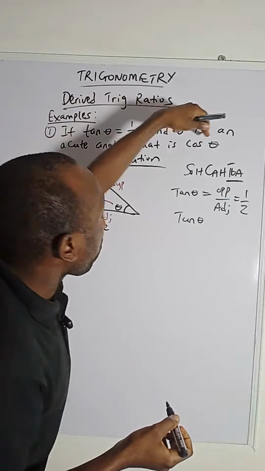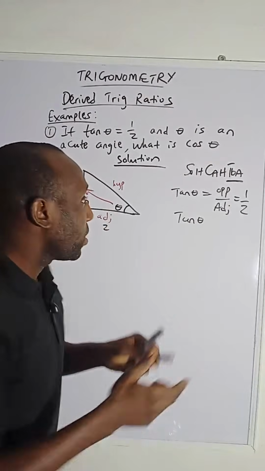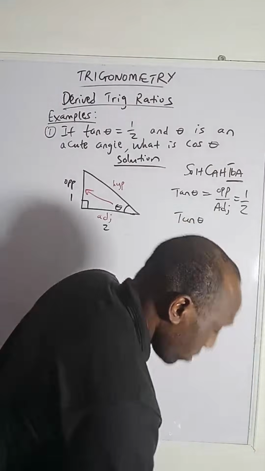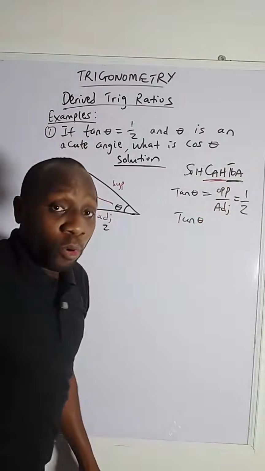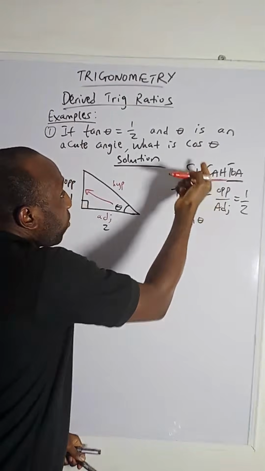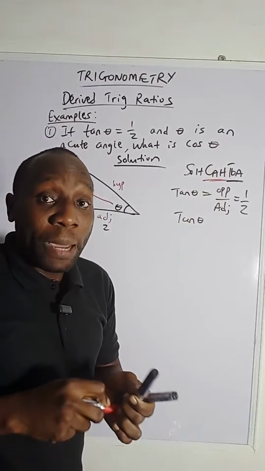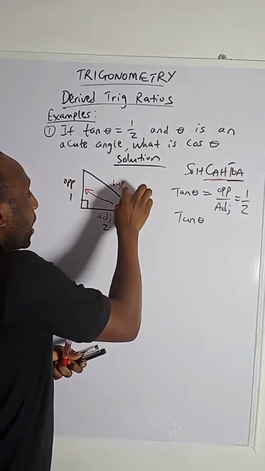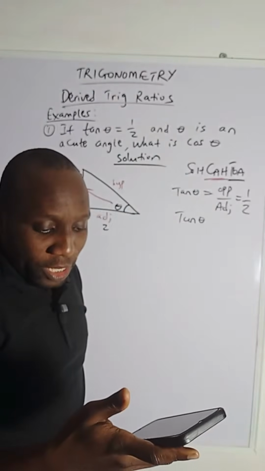Before we can get cos theta, we need to know what the hypotenuse is. Look at cos here. Cos is adjacent over hypotenuse. So before we can get what cos theta is, again, we need to know what the hypotenuse is. So how do we get the hypotenuse here? If you know what to do for us to get the hypotenuse, can you tell me?